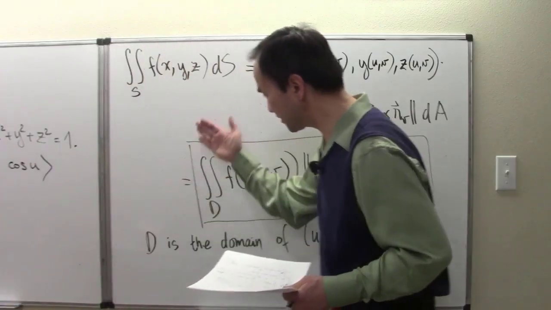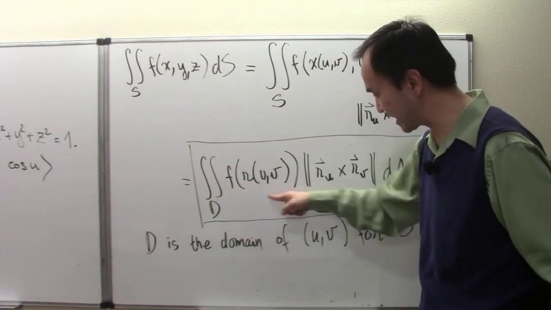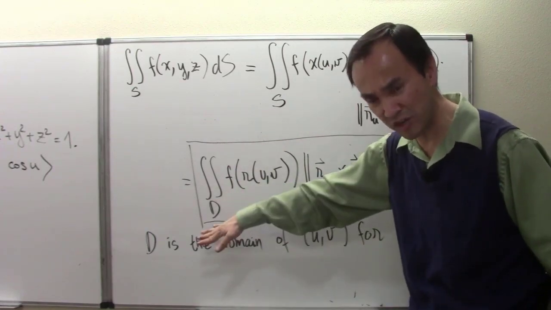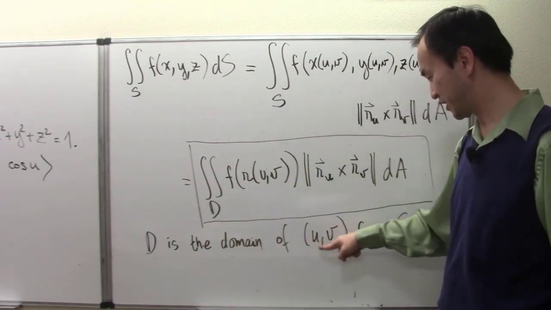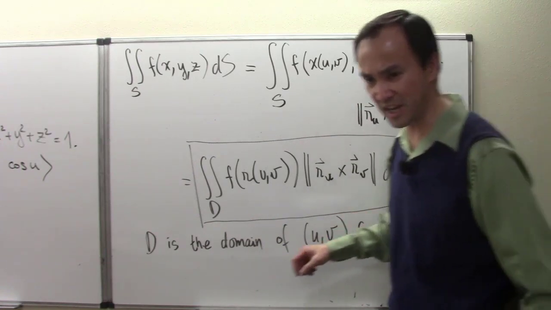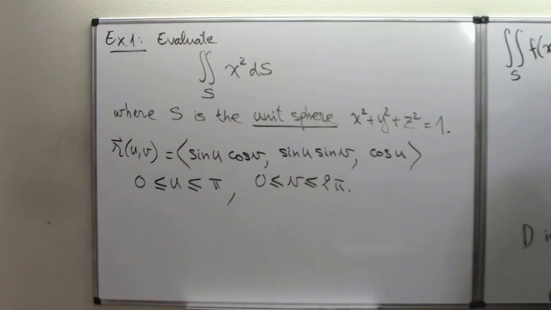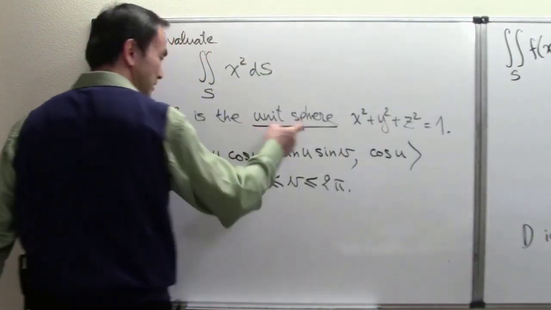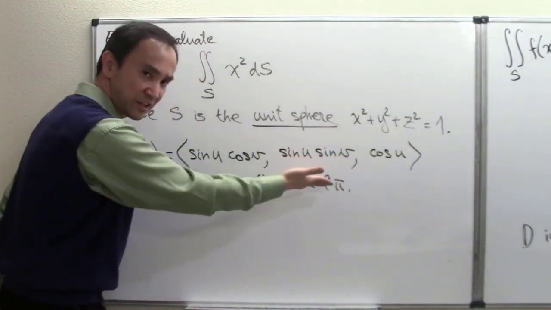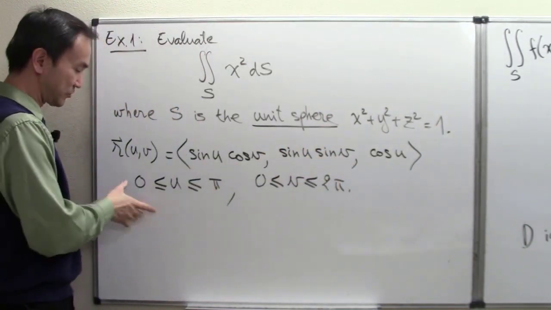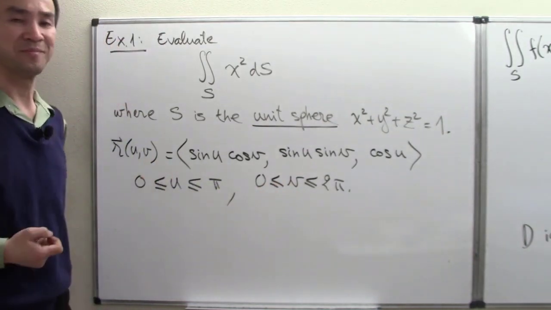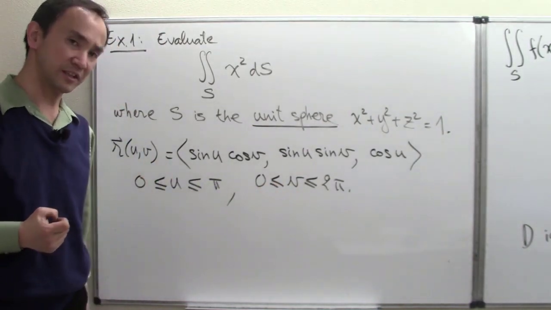So back on this final formula that gives us access to the actual calculation: the D here in my explanation earlier is the domain of (u, v) for our surface, the sphere. And so parametrically it's described like that. So we have a given parameterization, and this here gives us the domain of our sphere, of our surface.